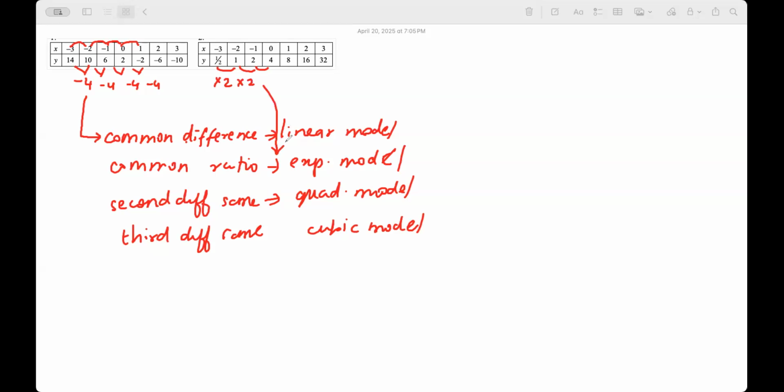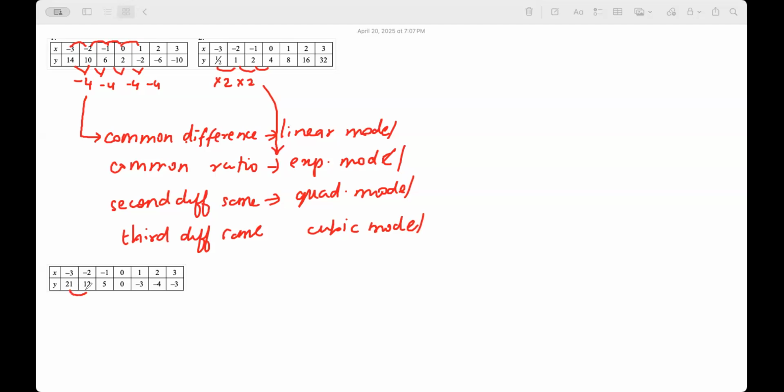Any questions there? Let's see one more quick. Okay, how about this? When you're given this table, how do we do it? Here, there is no common difference between consecutive terms, and no common ratio either.